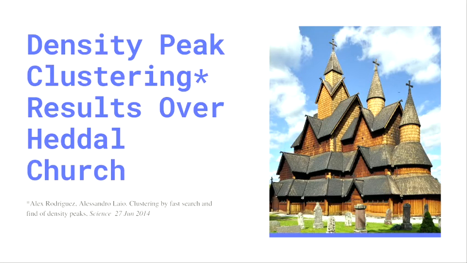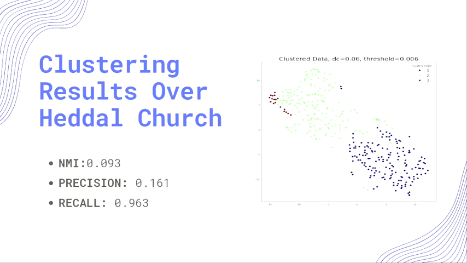As we have already seen, the clustering algorithm is able to find the days with events in the case of Ringebu Church. So we have tried to use the same ideas and the same criteria in a different church, in particular the Heddal Church in Norway. Here we can see the result.